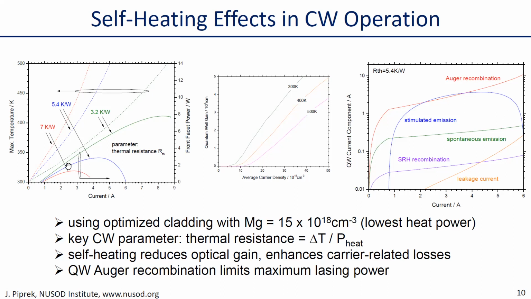And that is the cause for the roll-off in this case. The other current contributions are much lower, at least by an order of magnitude. So we can say, despite the large thickness, which reduces the carrier density in a quantum well, the Auger recombination remains the main problem in CW operation.